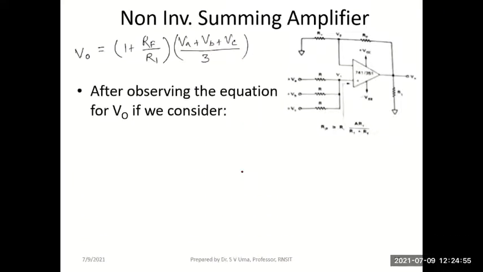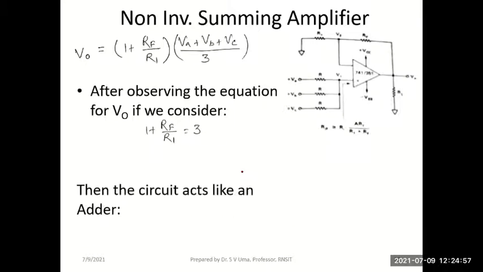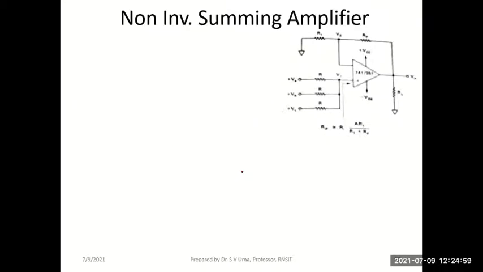What else? The second consideration is how it will work like a summing amplifier. We saw how it works like an averaging circuit. Can you tell me what is the condition for it to work like a summing amplifier? Again, you have the expression for output given like this.